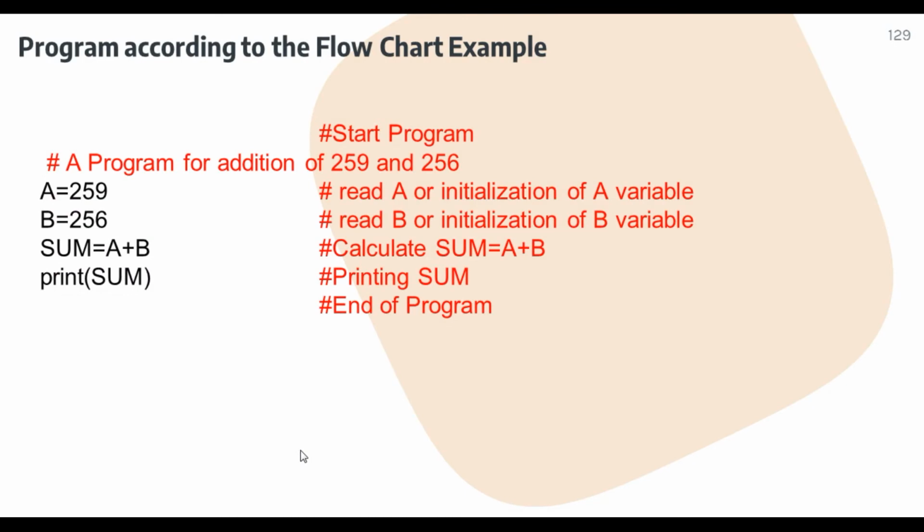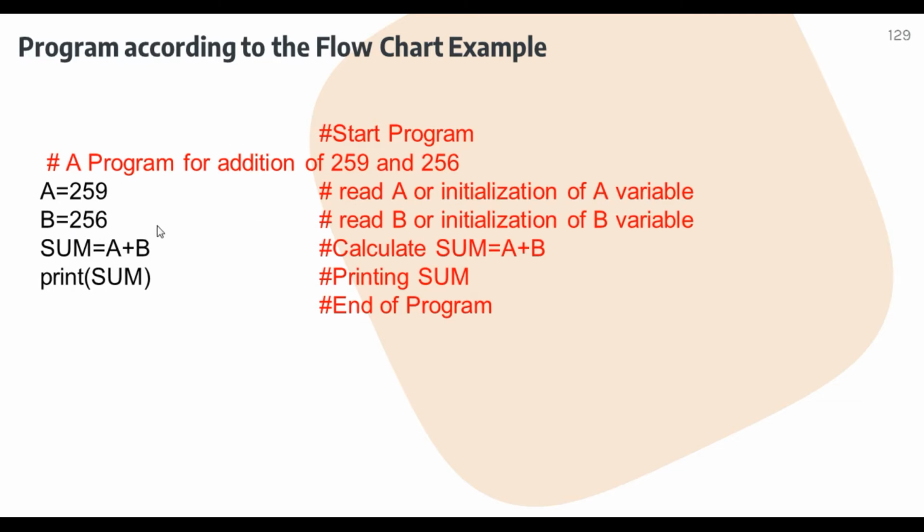Now we are going to understand this program programmatically, student. Here the comments show you the flow chart working. Start program, and I have used the comment program for addition of 259 and 256. The first step says A equals 259, so read A, or initialization of the A variable.